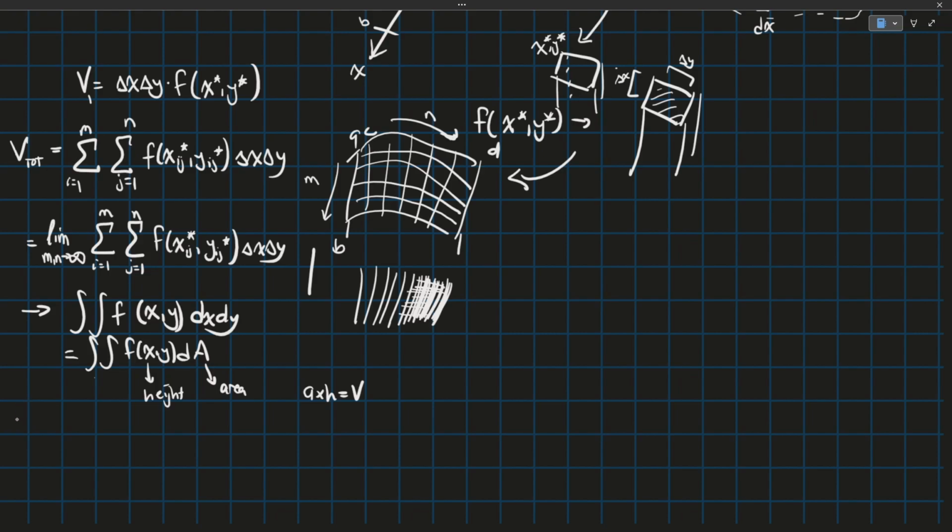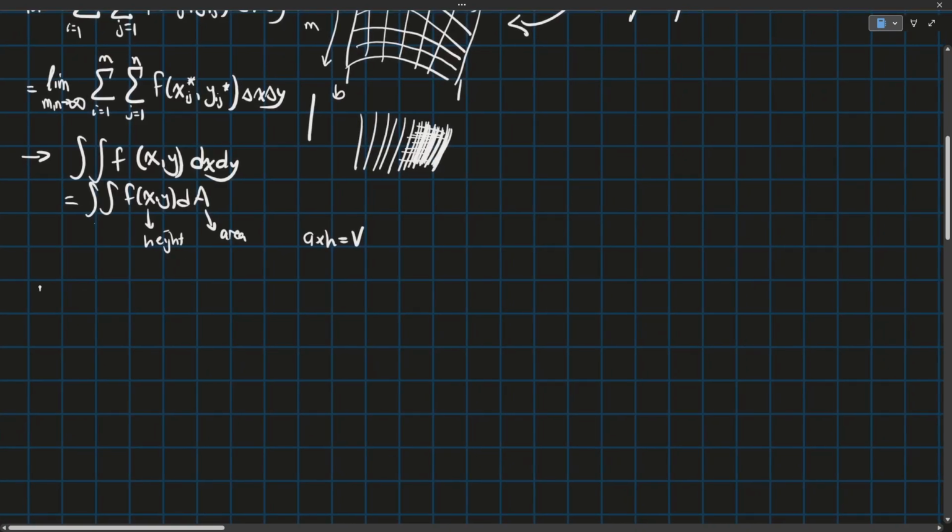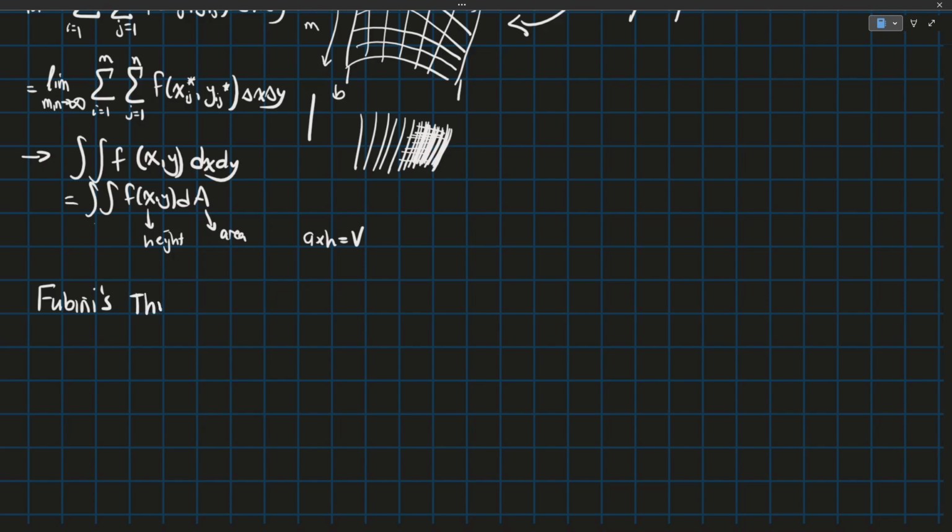But something we can introduce from this is Fubini's theorem, which just basically tells us from this double integral here, it doesn't matter the order with which you take slices in, right?